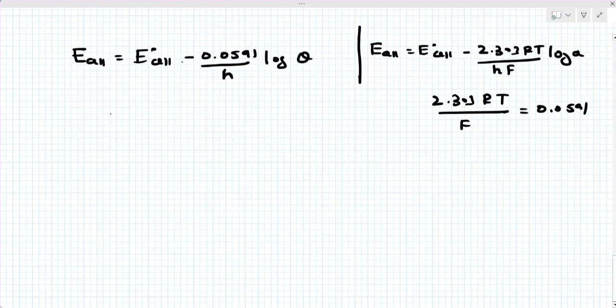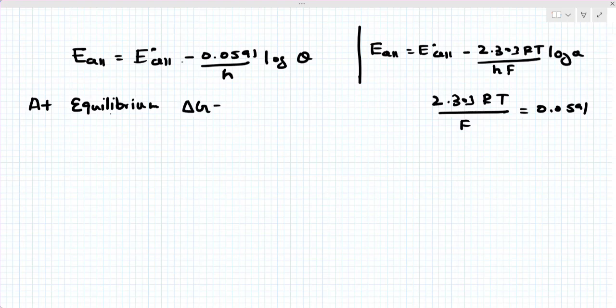Now listen. What is the condition we are given now? We're going to find out the equilibrium constant, right? At equilibrium, delta G becomes 0. Please note, delta G becomes 0.